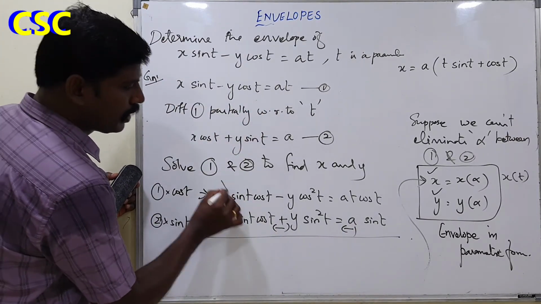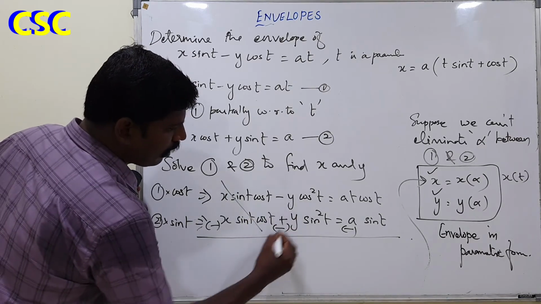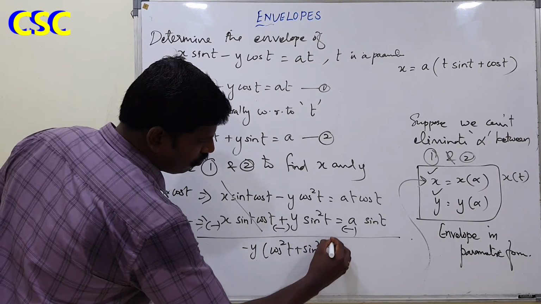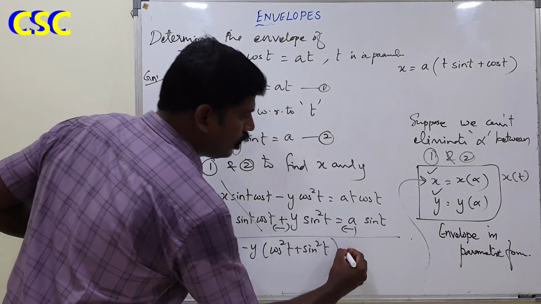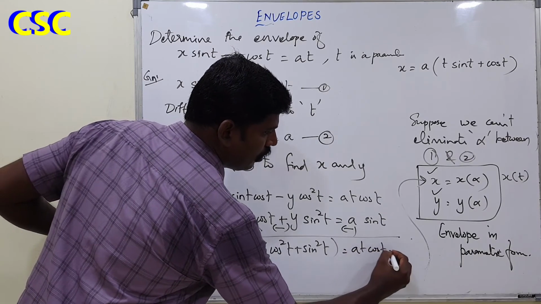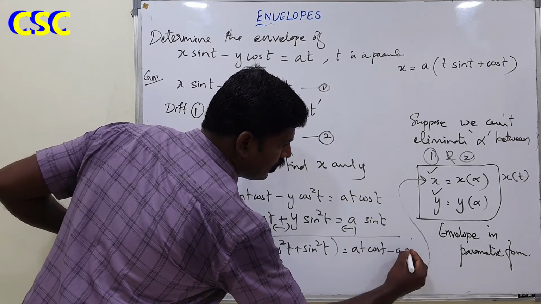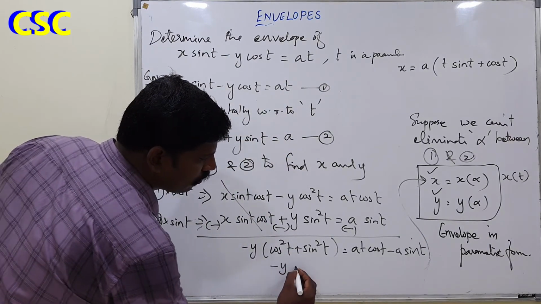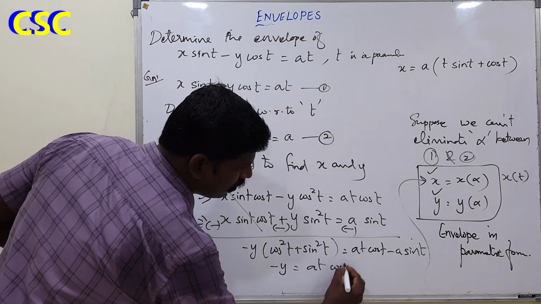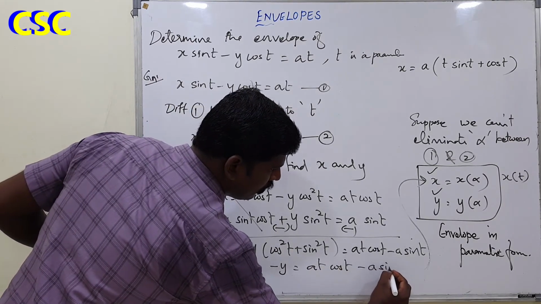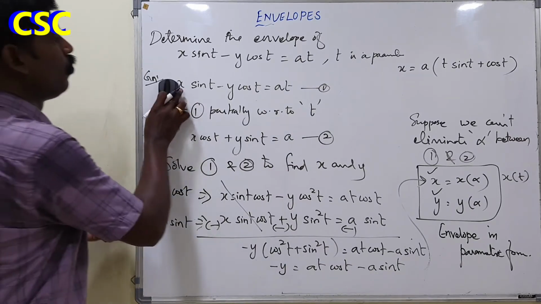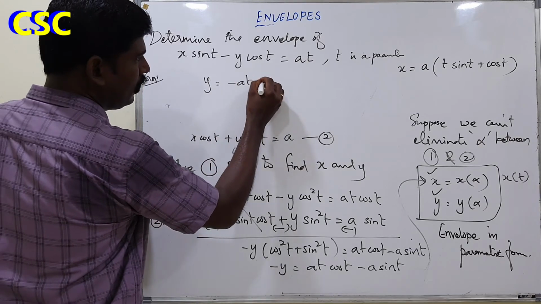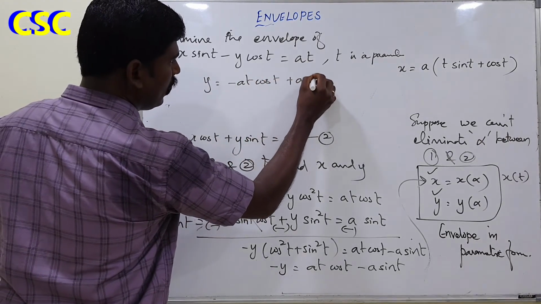That's all. This becomes cancelled. In these two terms, minus y is common, and we can take it as common. What do you get? Minus y into cos squared t plus sin squared t equals a t cos t minus a sin t. What is this value? 1. So minus y equals a t cos t minus a sin t. Therefore, y equals minus a t cos t plus a sin t.